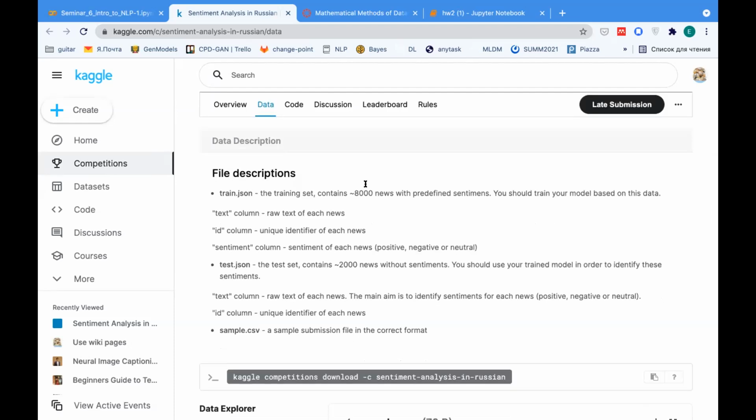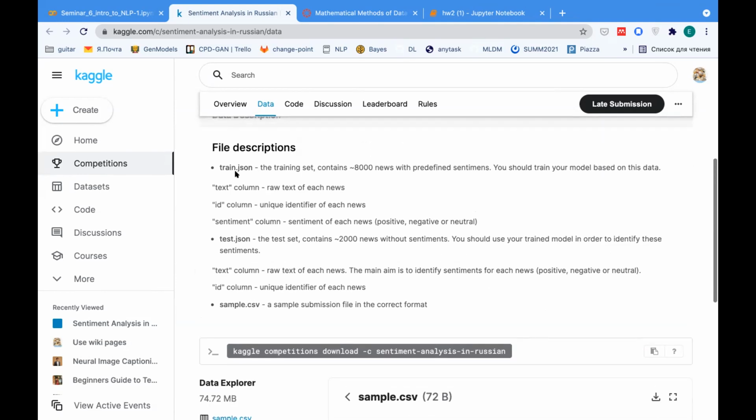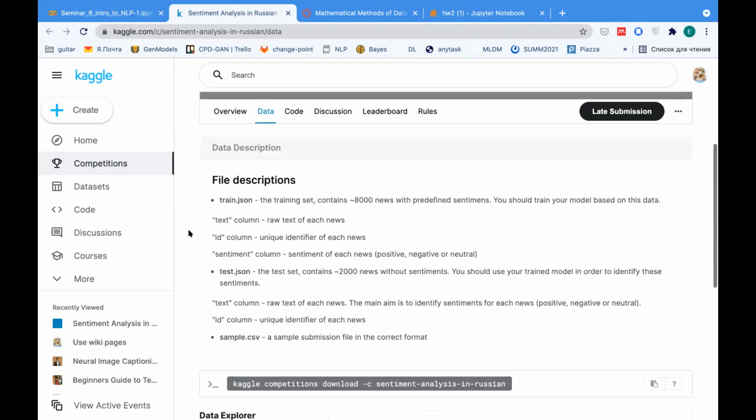So we have a lot of news like this. Of course, we have train and test data sets, and we try to predict the sentiment of all the news. Also, we have it in JSON format, so we'll need to process it somehow at first.